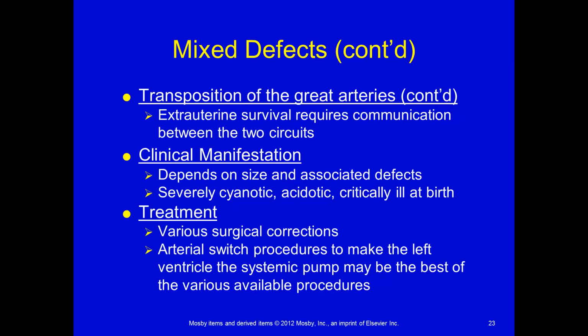Okay, the reason that we call transposition of the great arteries, oftentimes, a mixed defect is that usually there is some type of septal wall defect associated with the transposition that allows for some of the blood to mix. So again, that's why I said for the clinical manifestations, it depends on the size and other associated defects for how affected someone is.